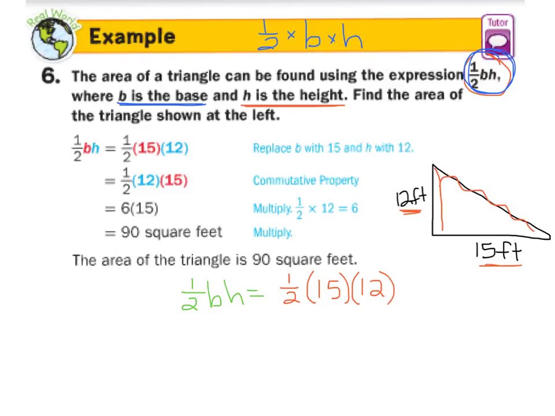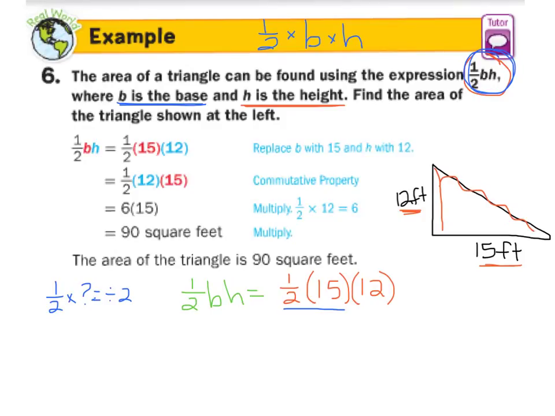Now, this isn't very nice. We know that 1/2 times a number is the same thing as saying divide by 2. And looking right here, 1/2 of 15, I'm going to have to deal with decimals because 15 is an odd number, can't be divided very easily.